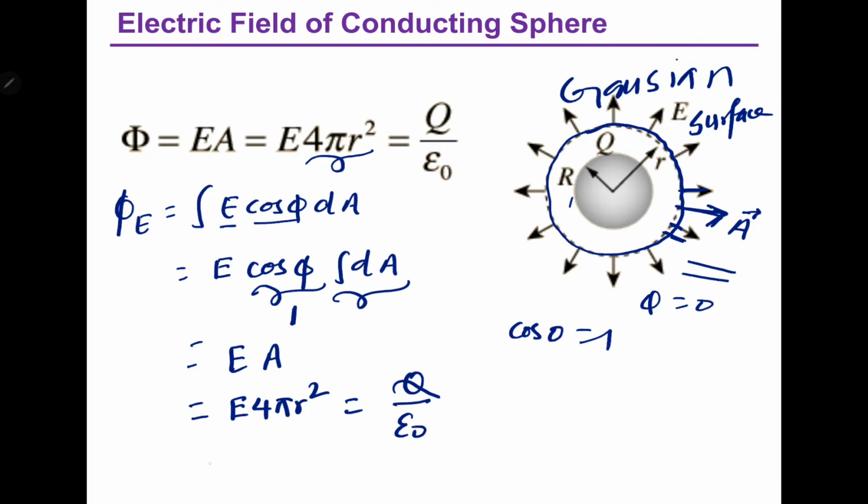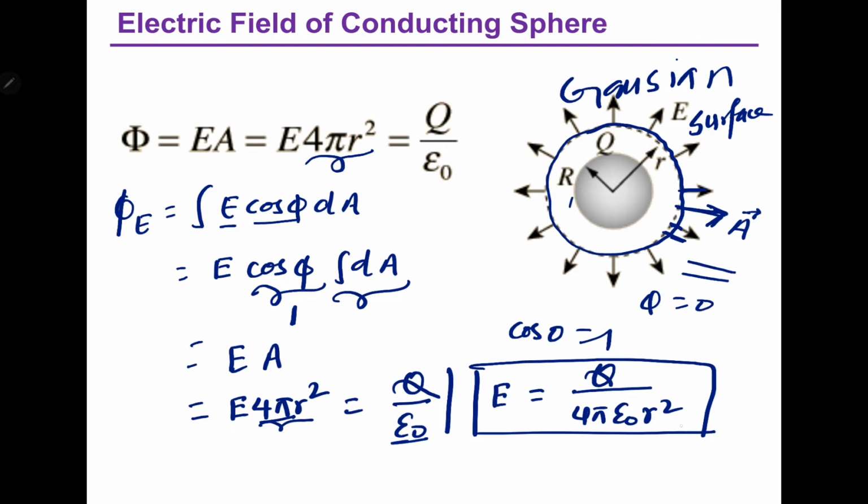If you simplify this one, you will get E equal to Q divided by 4 pi epsilon naught r square. It is interesting, right?